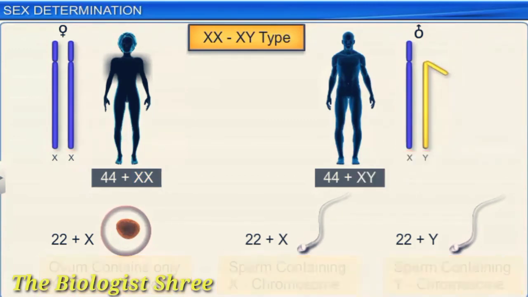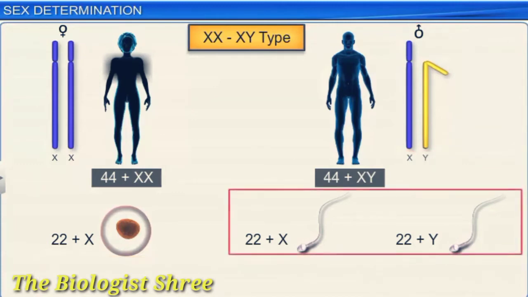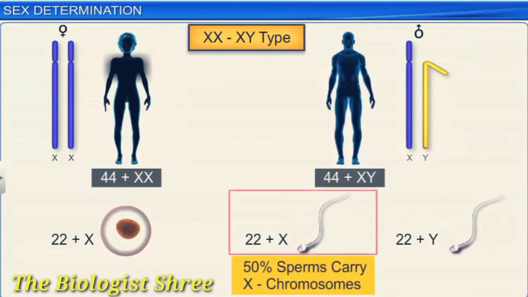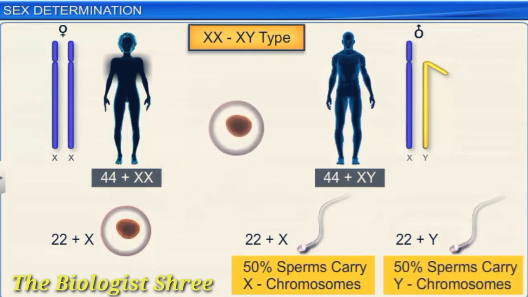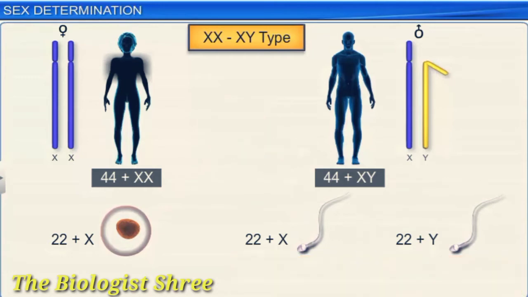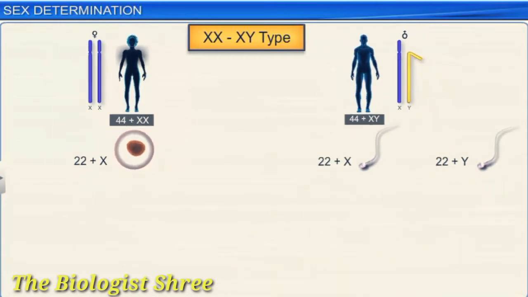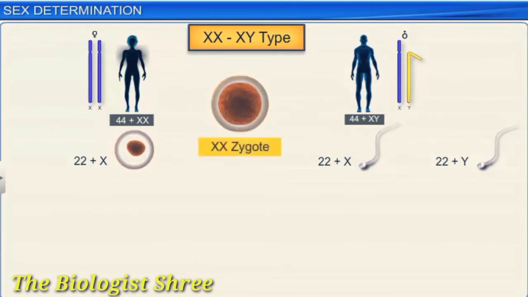Of the total sperms produced during spermatogenesis, 50% carry X chromosomes, while the remaining 50% carry Y chromosomes. And there is an equal probability of fertilization of an ovum with a sperm carrying either of the chromosomes. So, when an ovum carrying the X chromosome unites with a sperm carrying the X chromosome, the resultant XX zygote develops into a female offspring.